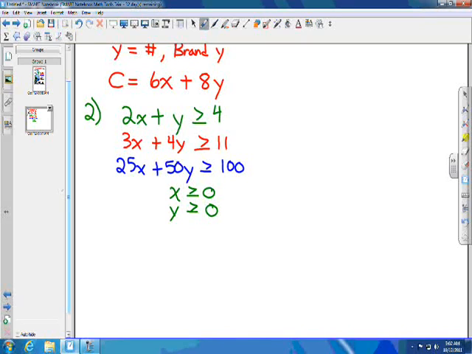So in solving these for Y, which we'll need to do, solve that top one for Y, what would we do? Subtract the 2X, so we could change that one to Y is greater than or equal to negative 2X plus 4.